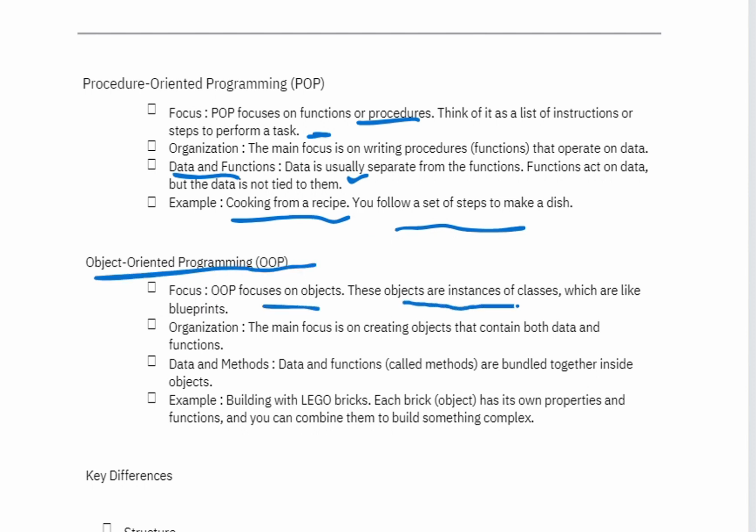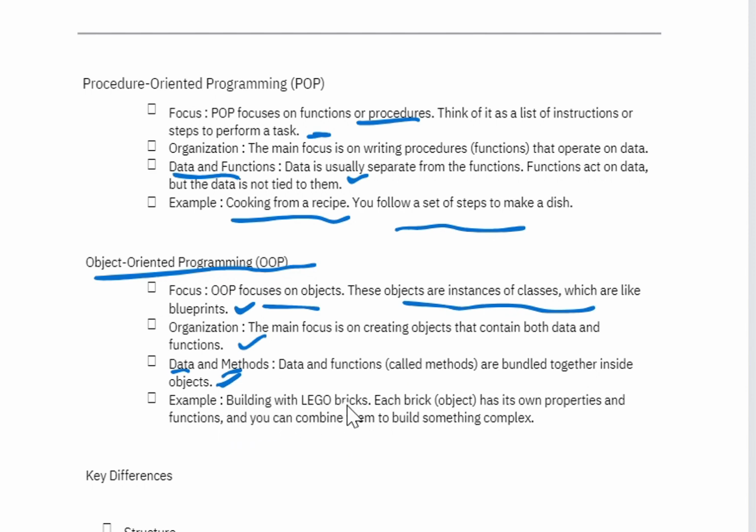These objects are instances of the class, which is like a blueprint, which we have discussed already in the previous few minutes. The main focus is on creating objects that contain both data and functions, called methods. Data and methods are bundled together inside objects. So here, data and methods in object-oriented programming are together, connected to an object.